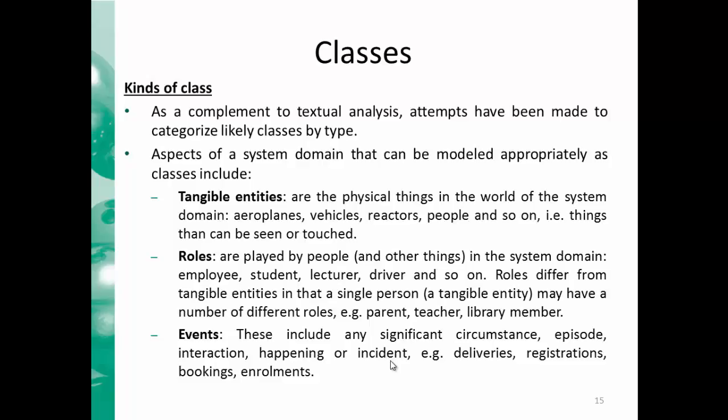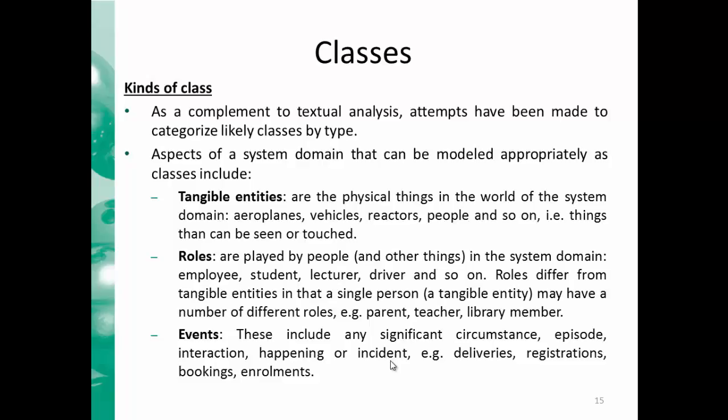First category is tangible entities, which are physical things in the world of the system domain, such as people, vehicles, and things that you can see and touch.